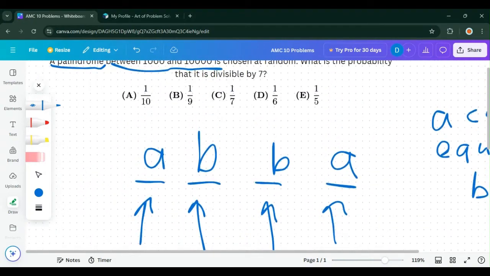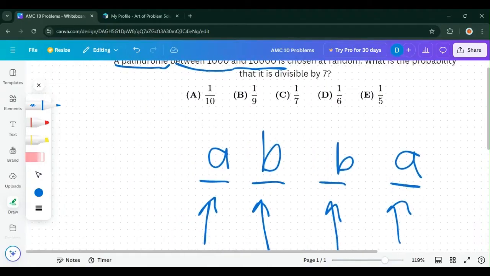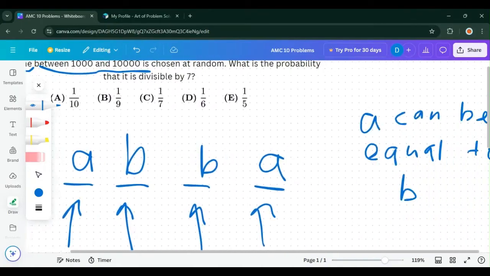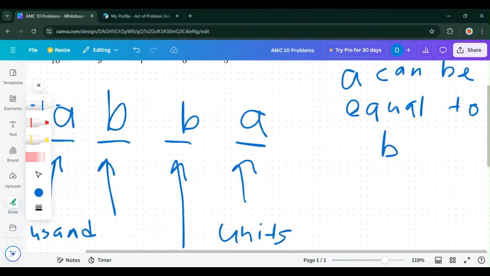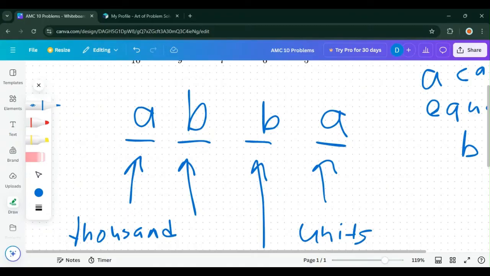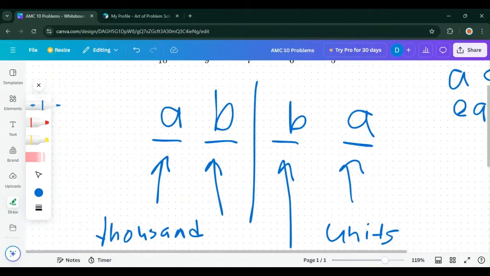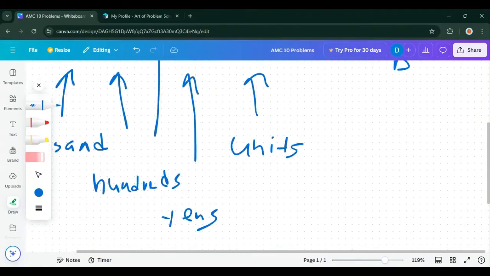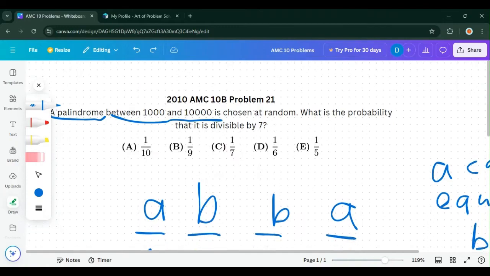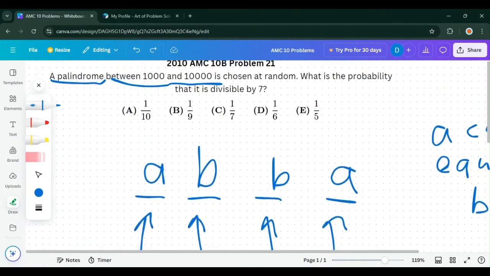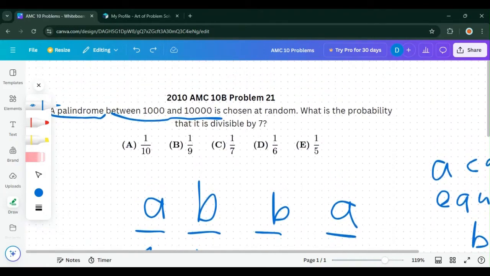When we read this number forwards, it's A B B A, and we read it backwards, which is also A B B A. If we divide it in half between the hundreds and tens digits, we see that it is parallel and equal. So we have this number ABBA.